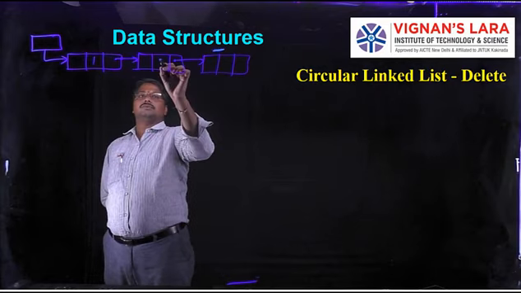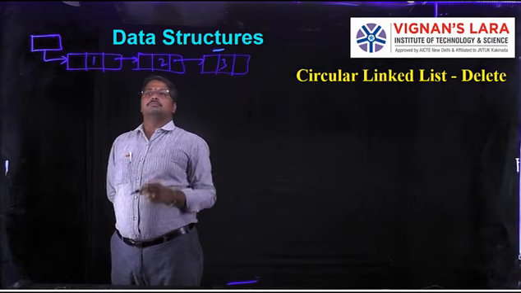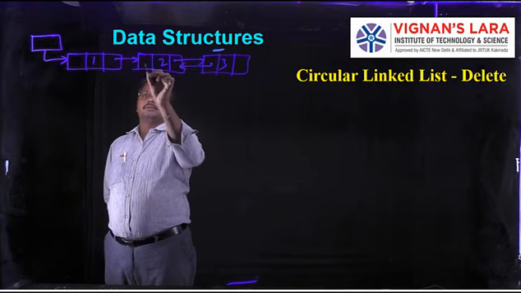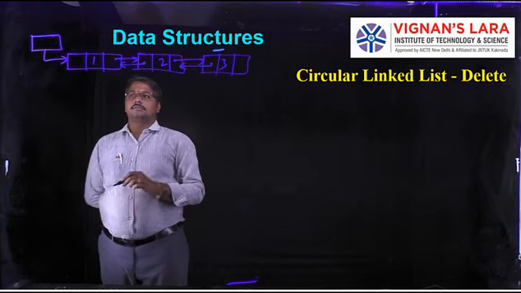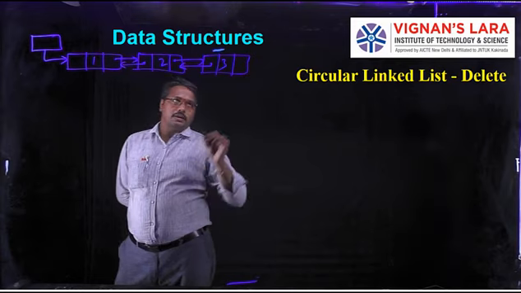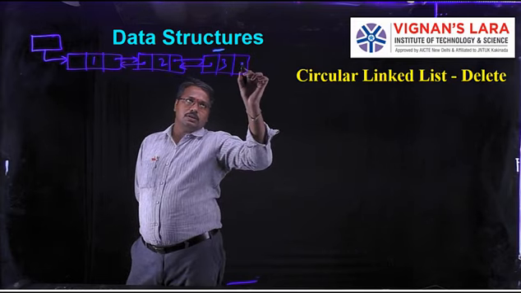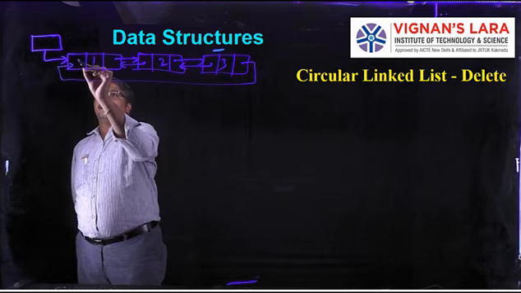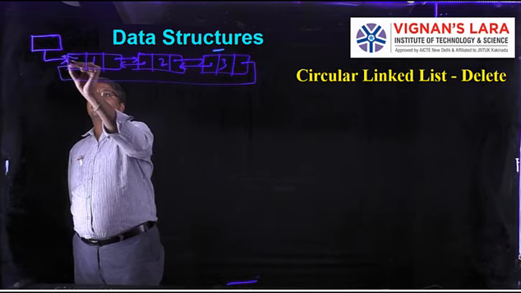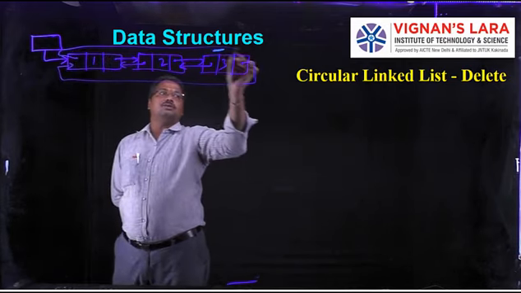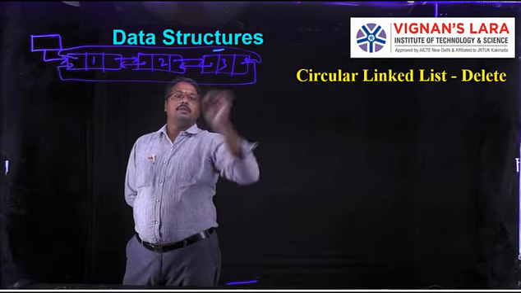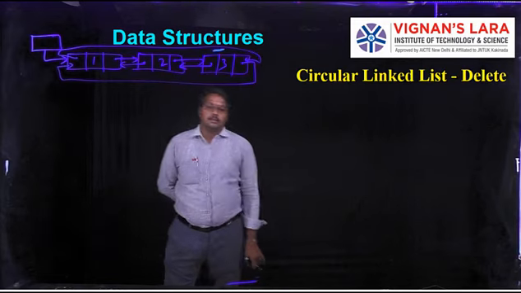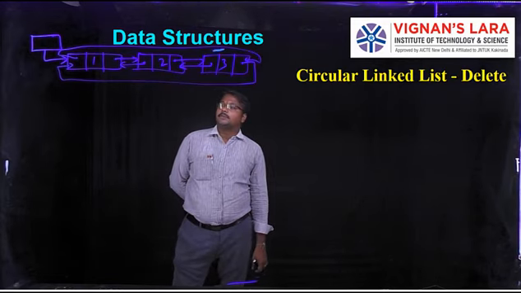Say 1, 2, 3 are the elements, with previous node addresses as well. Circular double linked list means the last node next field consists of the starting node address, and the start node previous field also has the last node address. So this is the circular double linked list demo pattern.